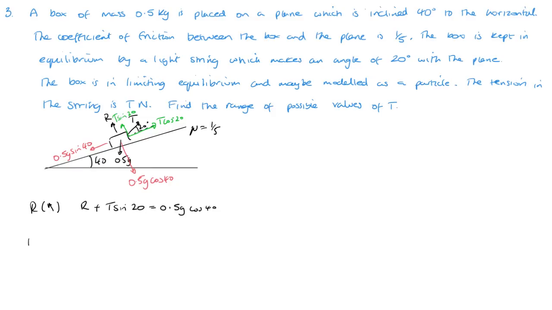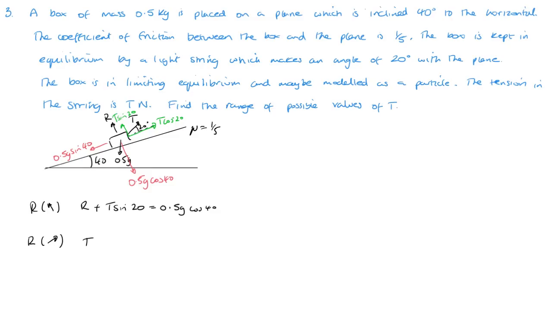And then when we resolve parallel to the slope, we've got two options. Option 1 is with the friction going down the slope, and option 2 is with the friction going up the slope.